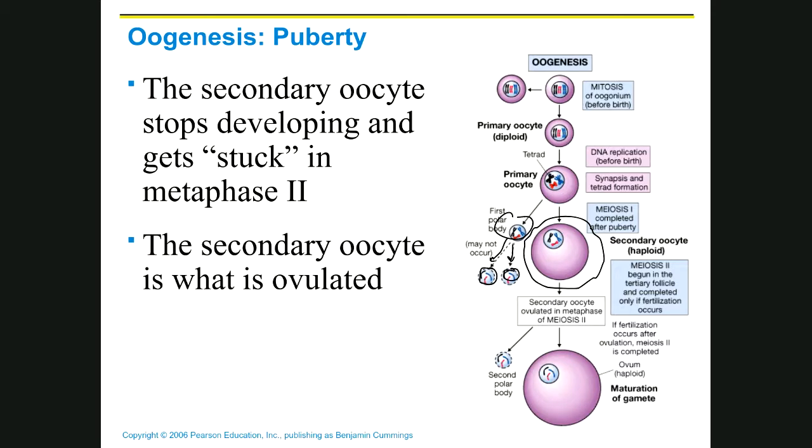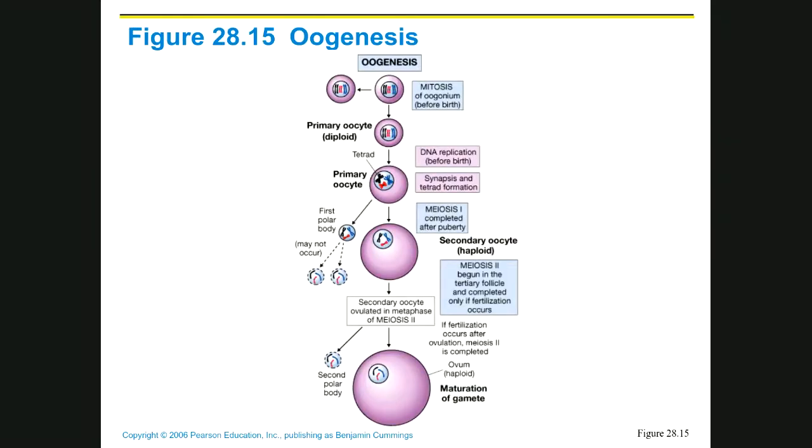But here's our secondary oocyte, and humans ovulate secondary oocytes. So the process is not finished when ovulation happens. It's this cell that gets ovulated right here. And nothing happens to this cell unless it's fertilized.